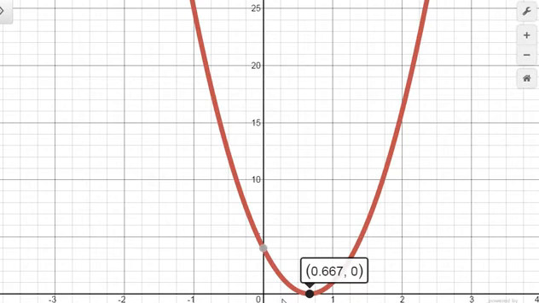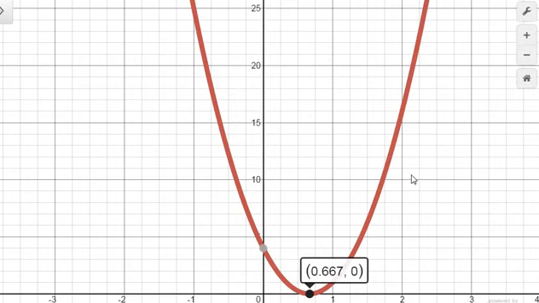Let's try one last one here. Problem number 18. x times x minus 3 equals negative 10.